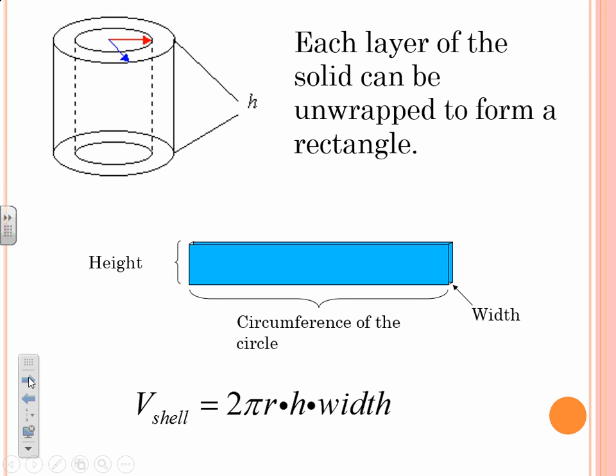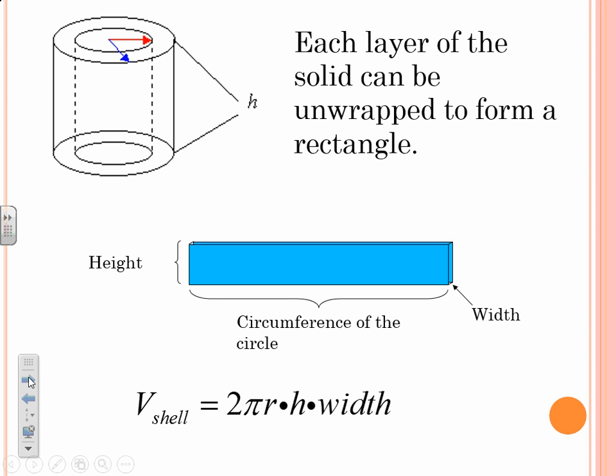Right? Well, what we have to do is add up all of these shells together. What do we do in calculus that adds up a bunch of infinitely small pieces? Say it louder. Integrate. We integrate, okay? So we're going to have to integrate to add up all of these shells together, okay?